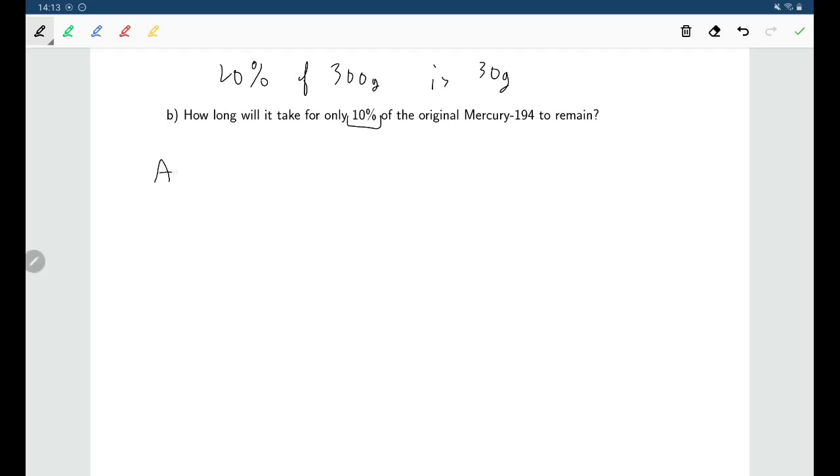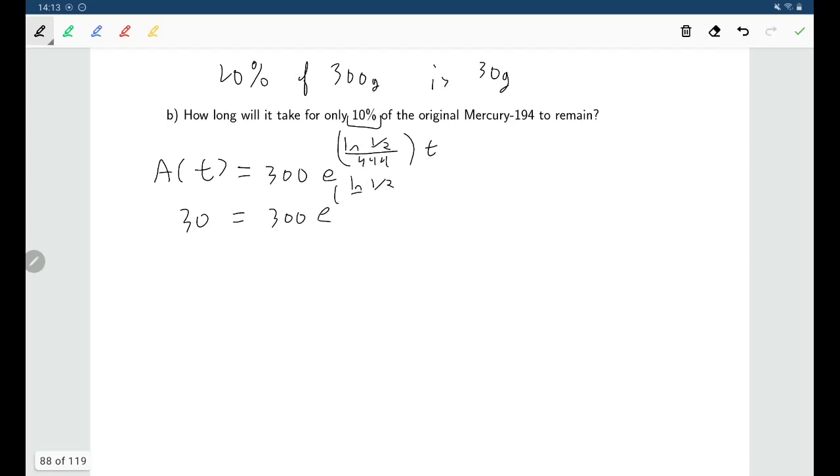So we have, as usual, our exponential decay formula. A of t is our initial amount, e to the k times t. And I know that I want 30 grams in the future. And then I'm just going to solve for t.